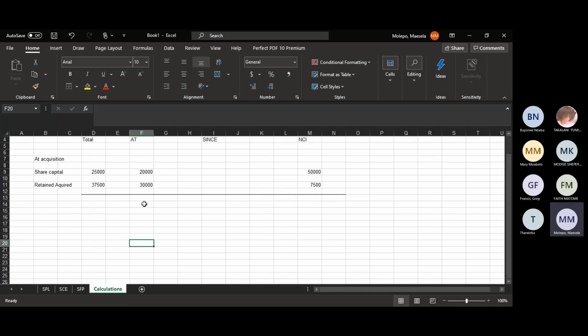So this side will be represented by 200, then by 230. And then this side will be represented by the 57,500. So the amount we paid for the investment, our cash consideration, how much is it?